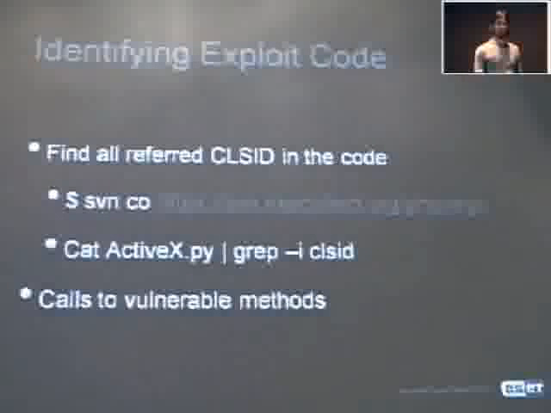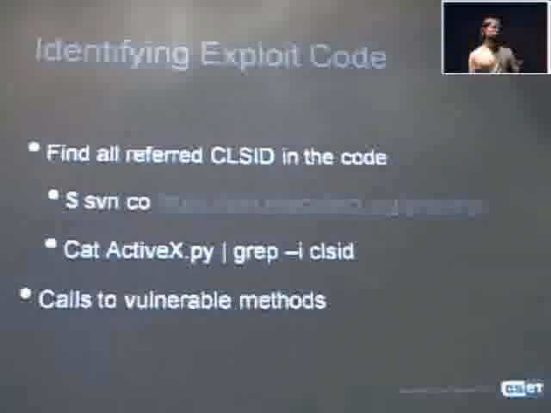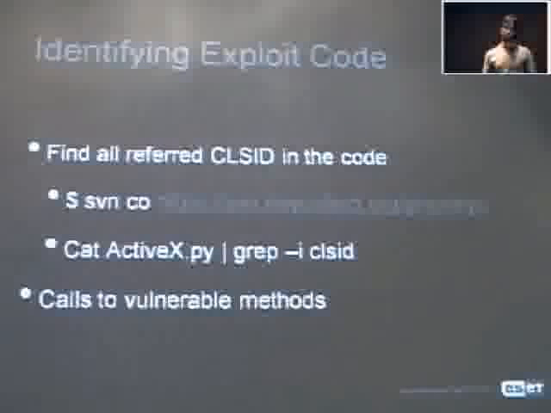So the lazy way is to check out Honeywalk from Jose Nazario and to grep through the file called activex.py, because the script will basically call an ActiveX component with a CLSID. And then you can just grep the activex.py for this CLSID, and it will give you a nice reference to either the name of the vulnerability or a CVE number, a common vulnerability enumeration.